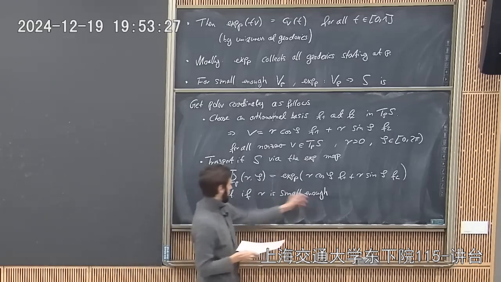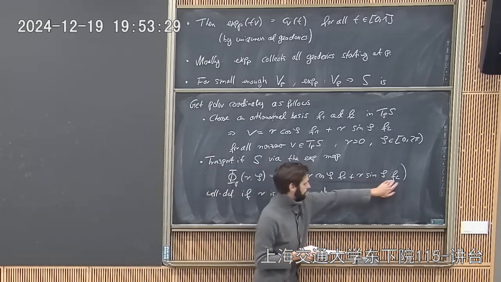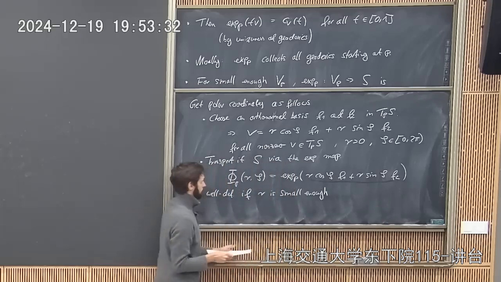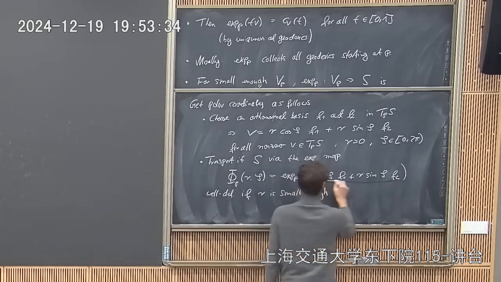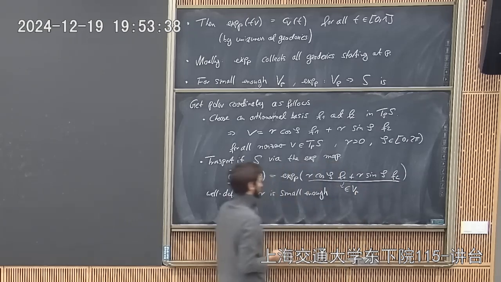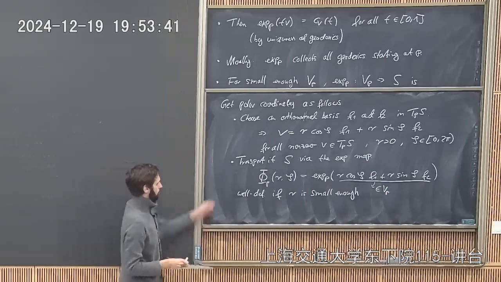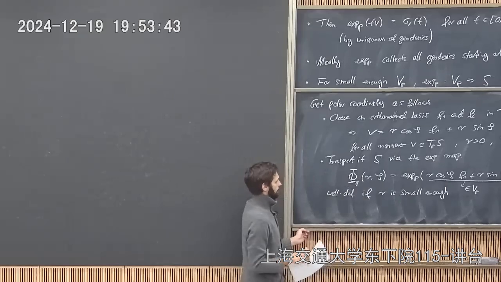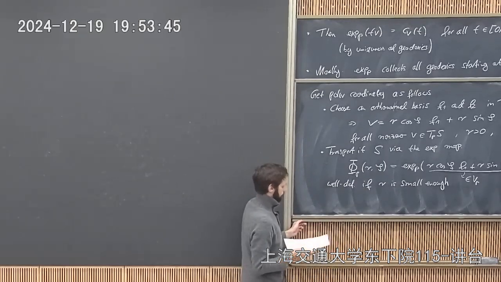So we want r small enough so that this vector up here is an element in V of P. That we can ensure by having r small enough, and then there's no restrictions on the phi anymore.